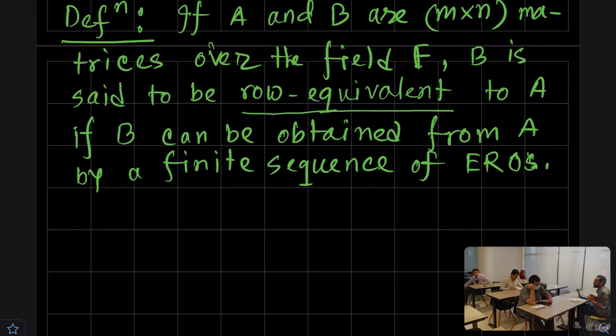So for every elementary row operation, you can show that this relation is actually an equivalence relation. There are three steps to check for an equivalence relation: reflexivity, symmetry, and transitivity, and you can show that they hold for this relation.